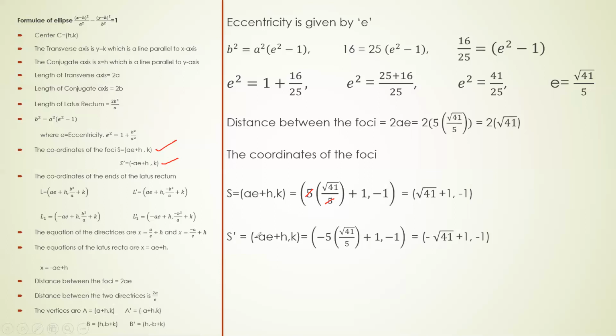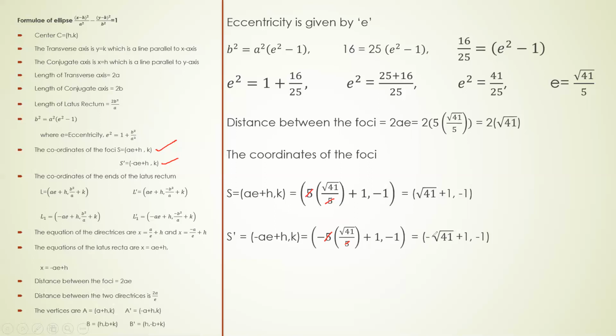Similarly, S dash is (minus ae plus h, k). Minus a value is 5, e value is root 41 divided by 5, h value is +1, and k value is -1. Substitute. 5 and 5 again get cancelled.